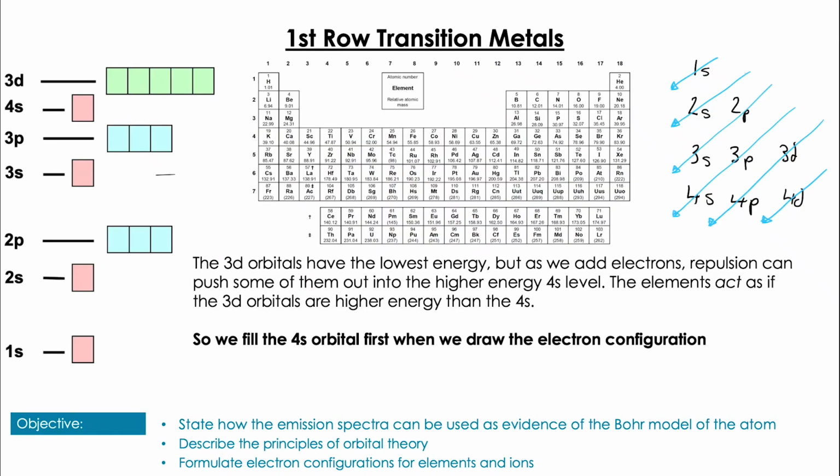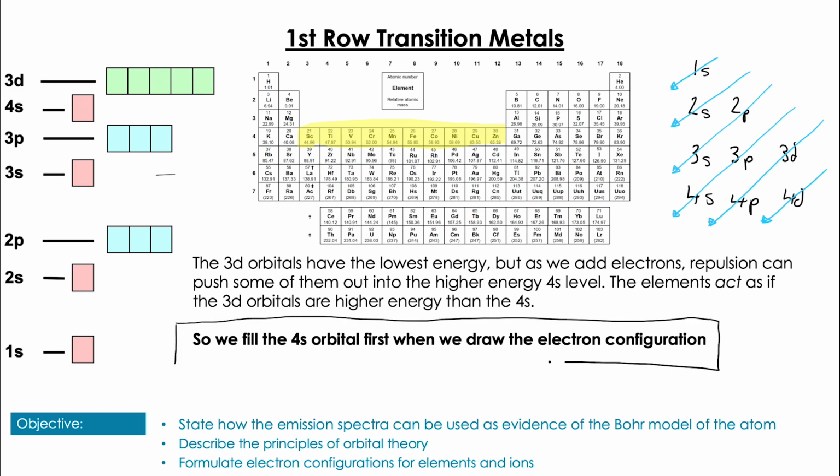Lastly, we're going to have a look at the first row transition metals. So they lie in between the S and the P block on this first row. And it's going to be helpful for us to consider that we always fill the 4s orbital when we draw the electron configuration. In reality, this 3d shell doesn't have a higher energy than the 4s shell, but this assumption helps with predictions.